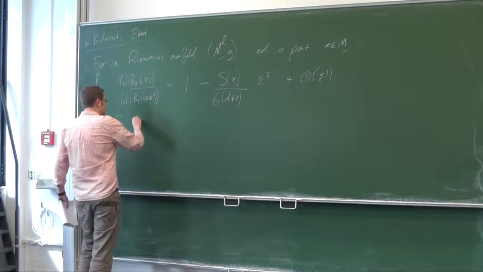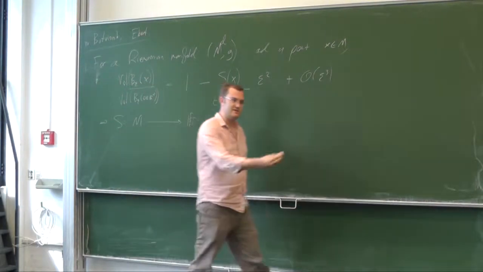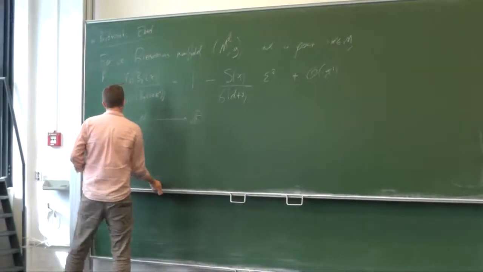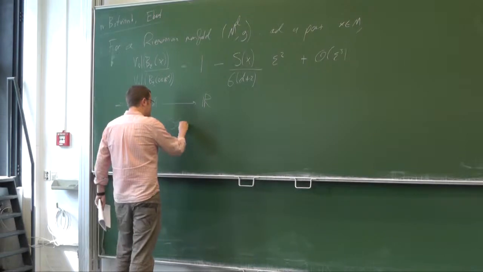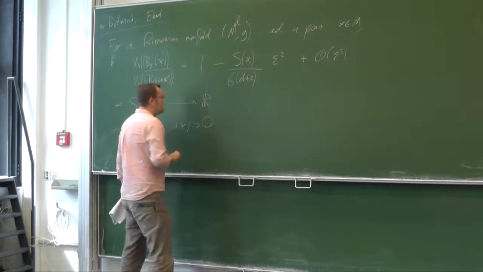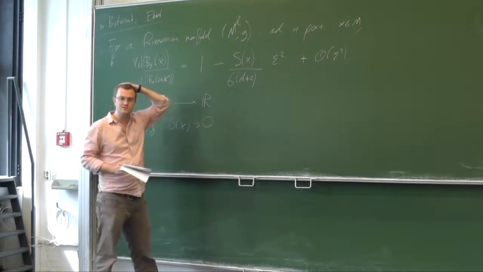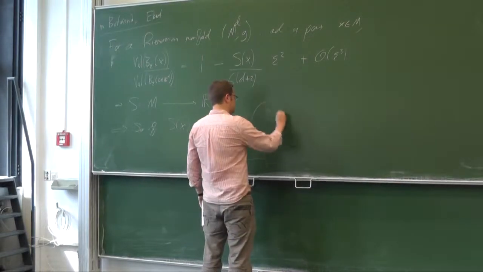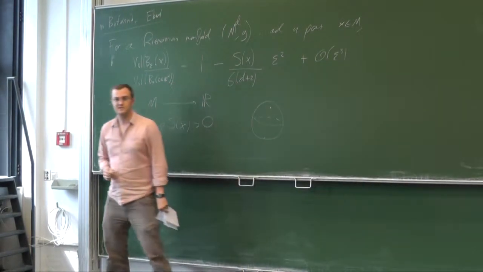So S defines a function, and the manifold at each point picks out a scalar curvature. And the point of this being positive, the scalar curvature at X is positive. What does that mean? It means the ball is a little smaller than the Euclidean ball. Which is precisely the sort of thing that a ball on the round sphere, for example, the upper hemisphere, has.